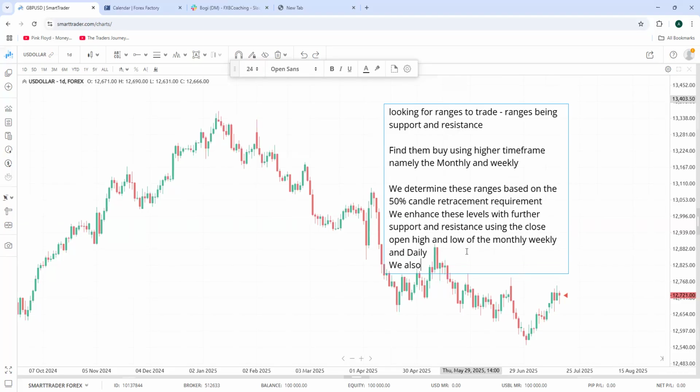We also use Fibonacci levels, namely the 127, 236, and 382.